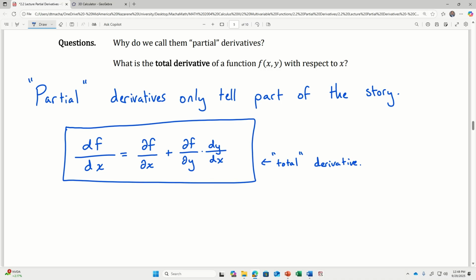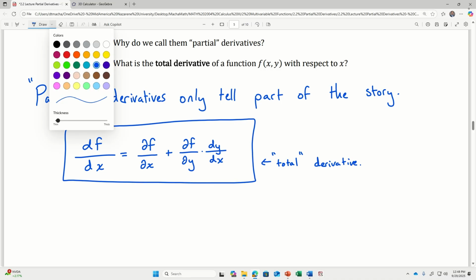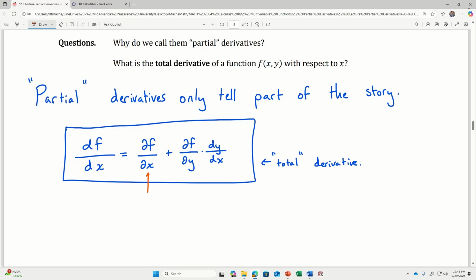So we're taking into account both the direct effect of x on f and also this indirect effect of x on f through the variable y.